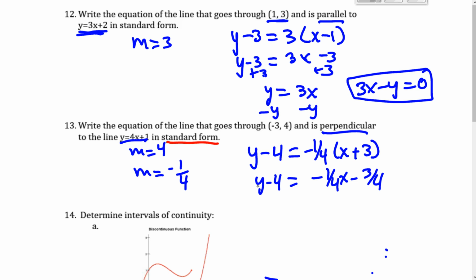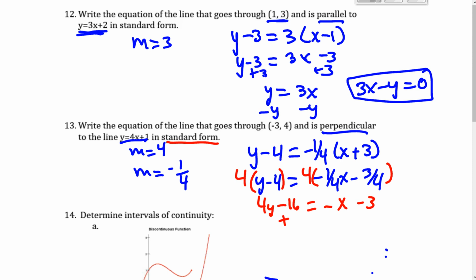So this would be a 4y minus 16. I'm multiplying this by 4, and I'm multiplying this by 4. I could have done it at the beginning, and then they would cancel, and I wouldn't have to distribute anything. I would just have a -1 to distribute. So this becomes -x, this becomes -3.